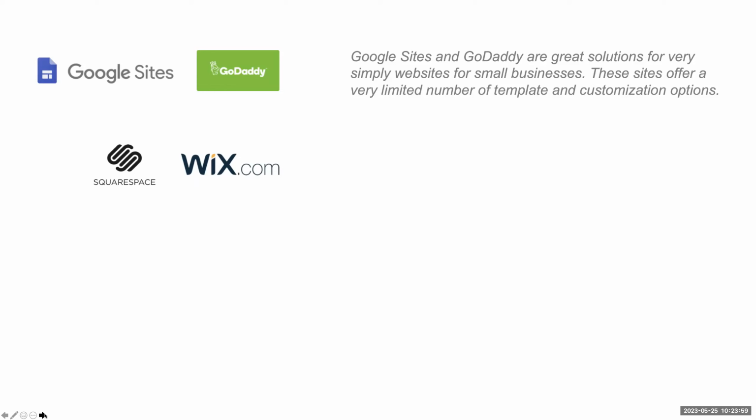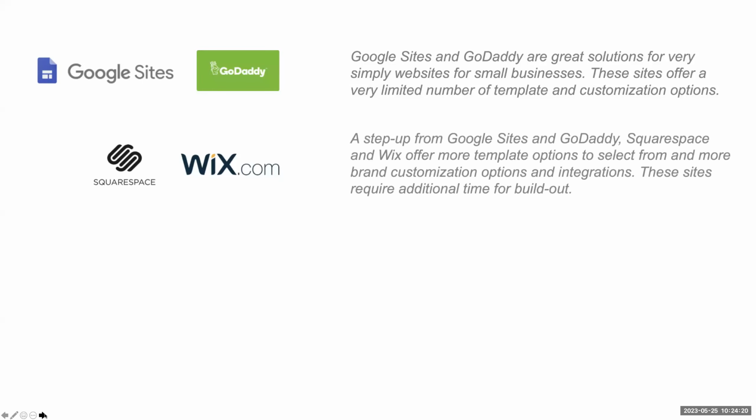Wix gives you a little more customization options. You have the ability to move things exactly where you want them on Wix, where Squarespace is very structured and very templated, but it looks great if you do go for more of that modern, contemporary, less is more minimalistic look. Squarespace is still a beautiful platform.